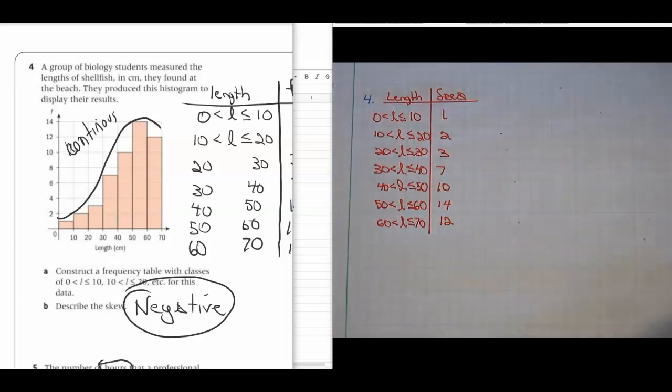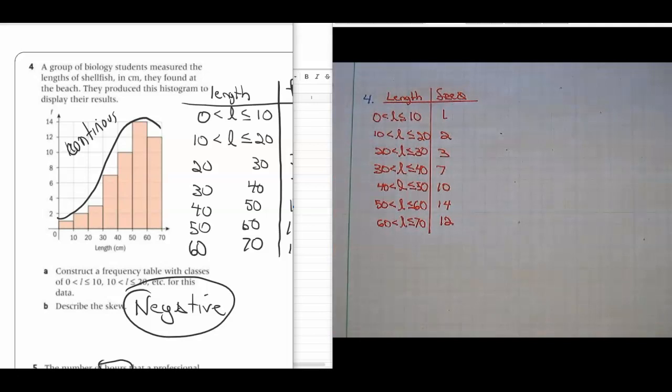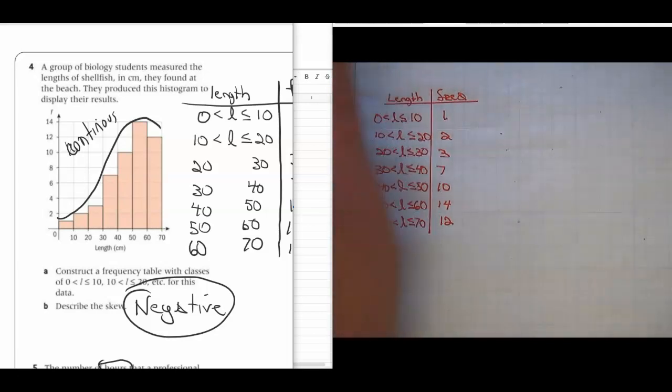And that's it. Okay, our skewness on this, just from looking at the graph, now the long tail is to the left. So that would be a negative skew or skewed left.